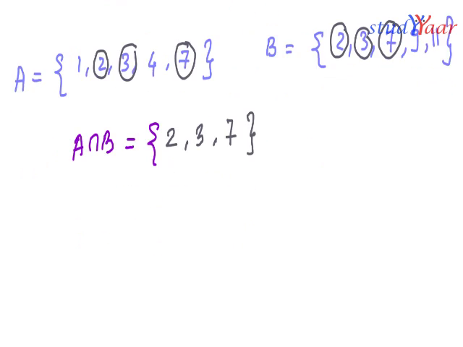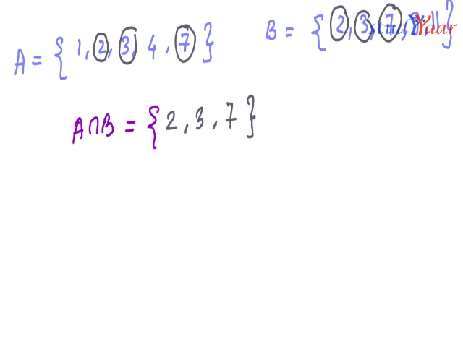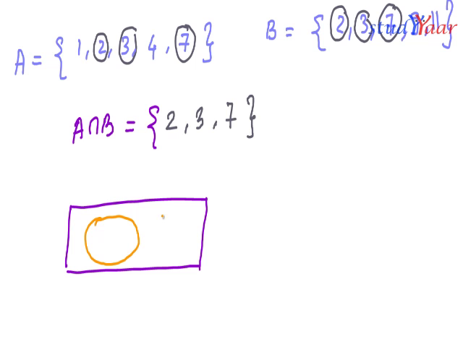If I have to represent this in a Venn diagram, I am going to do something like this. I am going to first draw a universal set. In the universal set, I am going to draw A and I am going to draw B. Let us suppose this is A and this is B and this is the universal set.